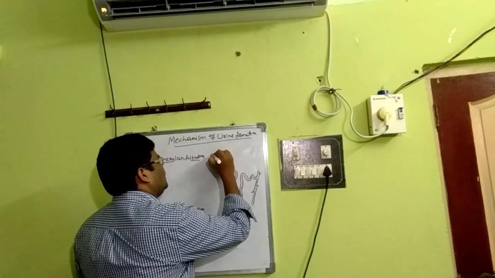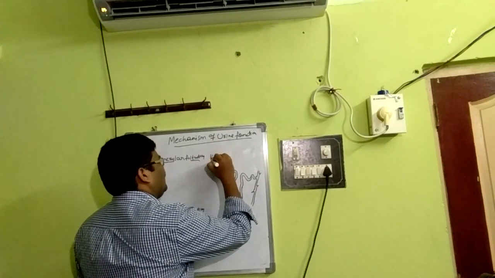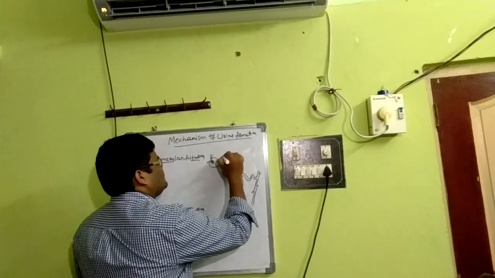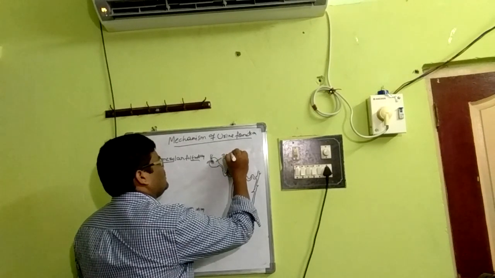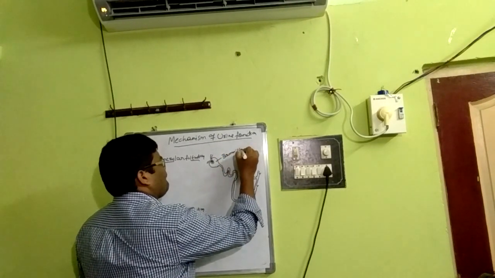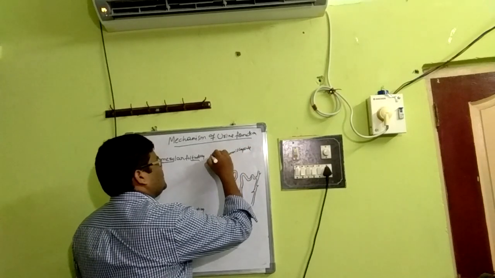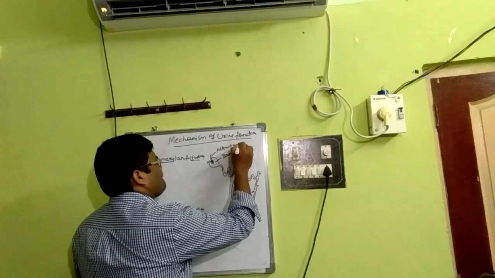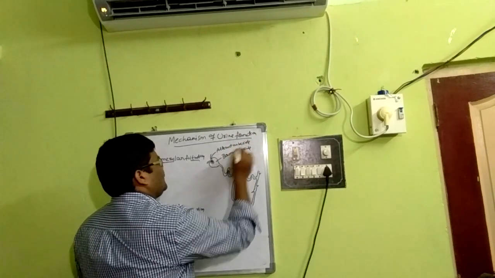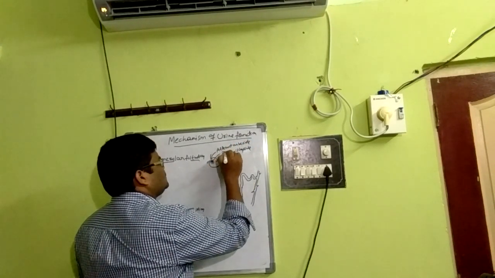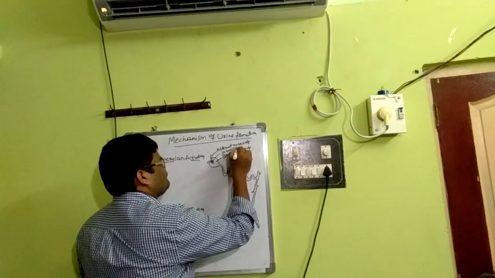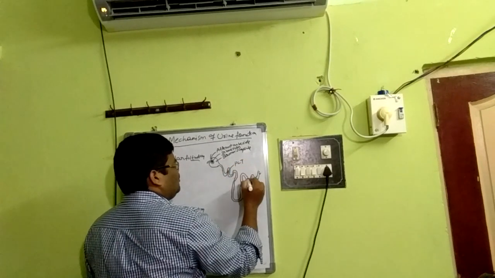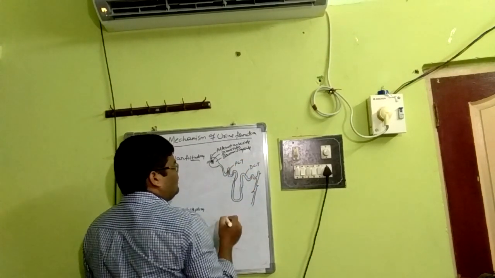This is the afferent arteriole and the glomerulus, and this is the efferent arteriole. So this is Bowman's capsule. This is the glomerulus. This is PCT, proximal convoluted tubule. This is DCT, distal convoluted tubule.